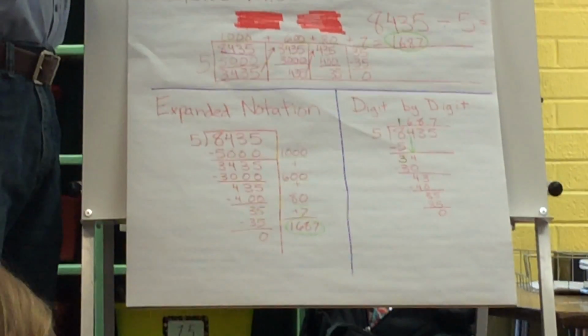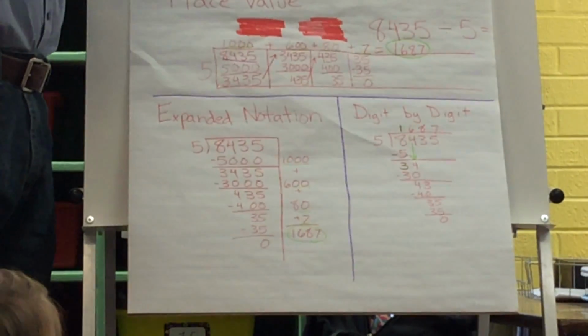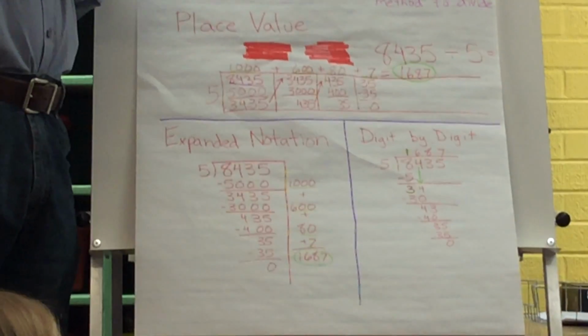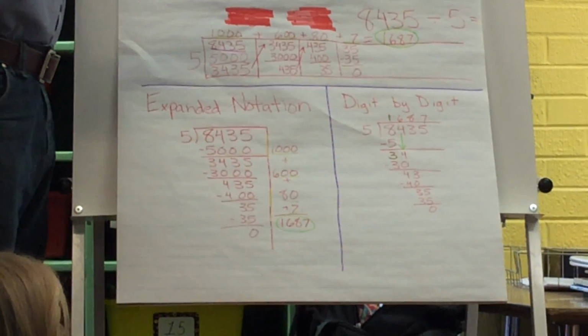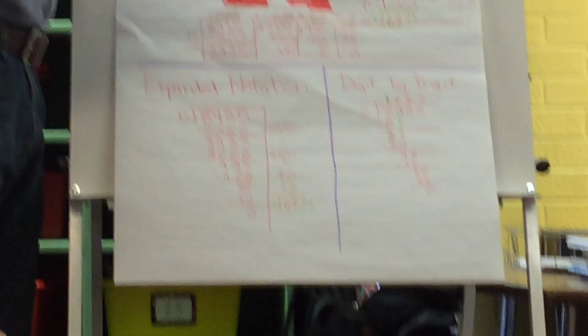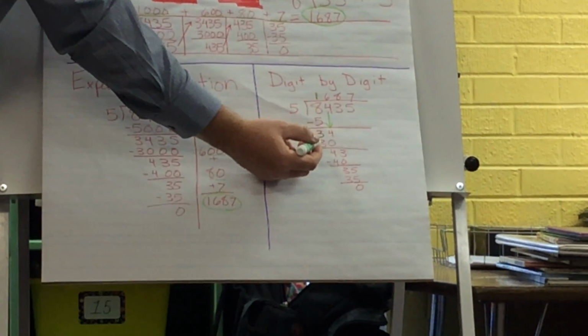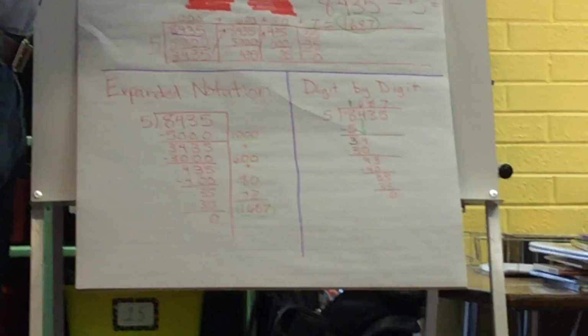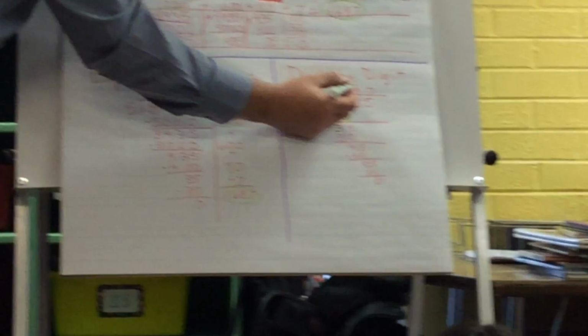Can I multiply a number times 5 that would be either equal to 34 or just less than 34? What do you think, Elia? 7. 5 times 7 would make what? 35. Is that too much for 34? Yes. So what would be the next number down? 6. Exactly.